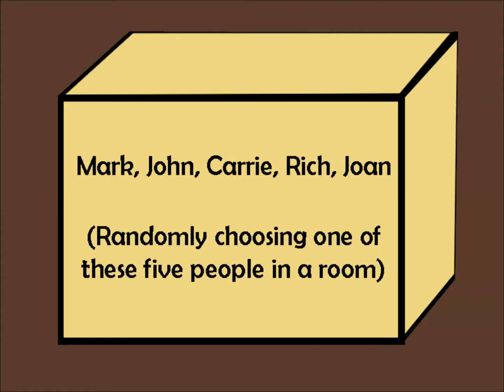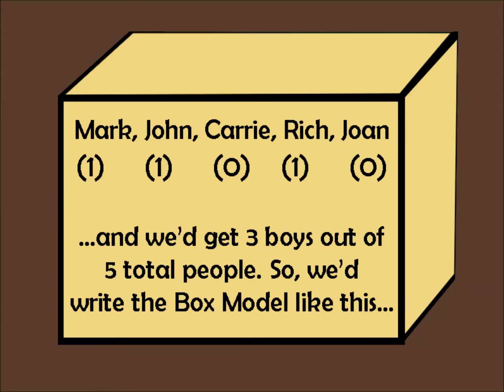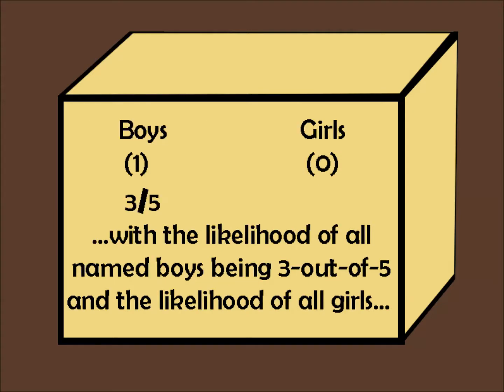Suppose we were randomly choosing one of these 5 people in the room and we wanted to assign the likelihood that a boy is tallied. Then we count up the number of total results, which is 5, and how many of those have 1s underneath them. How many boys are there? There are 3. We'd get 3 boys out of 5 total people, and we would write the box model like this.